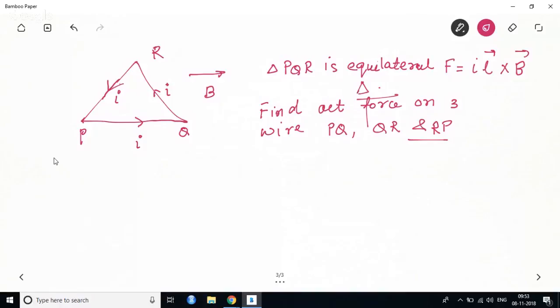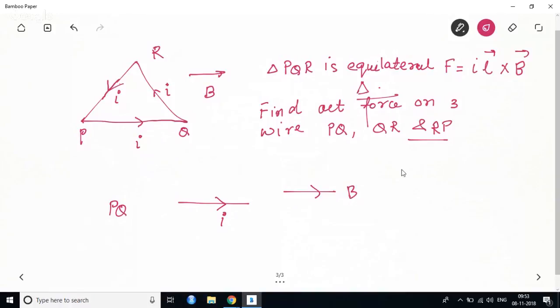First of all, I have told you to find out the force. I am not bothered about direction. Direction I'll tell you later. In this class let's focus on magnitude, because I have discussed the right hand rule enough with you. Let's see PQ. So I on PQ is in the horizontal direction, and B is also in the horizontal direction.